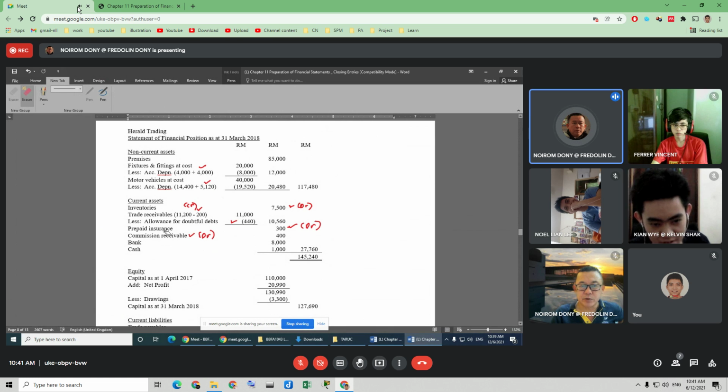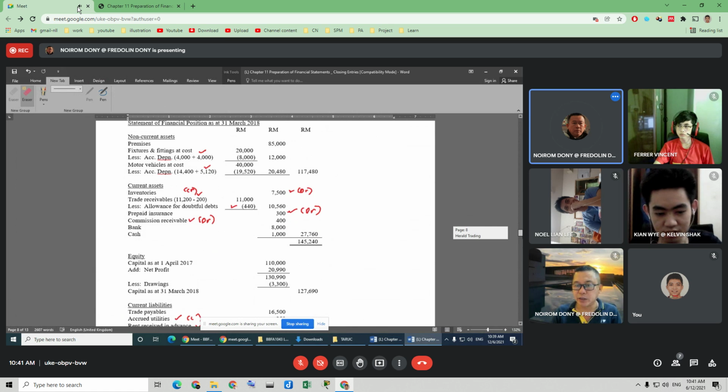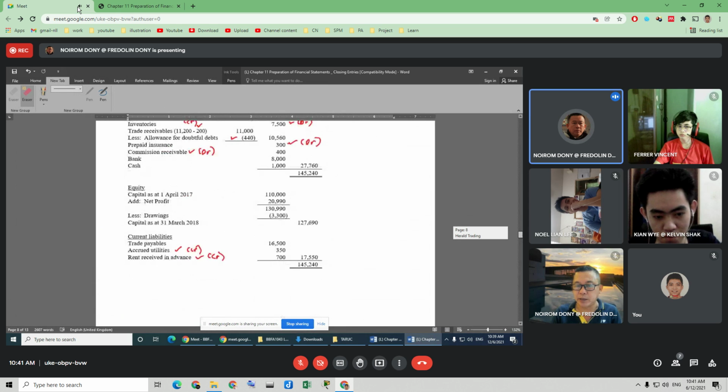Then list down all according to the adjustments just now: prepaid insurance, commission receivable, bank and cash. So the total current asset, then move on to the third column and add the non-current assets. So you should have 145,240, the same as the equity plus liability.